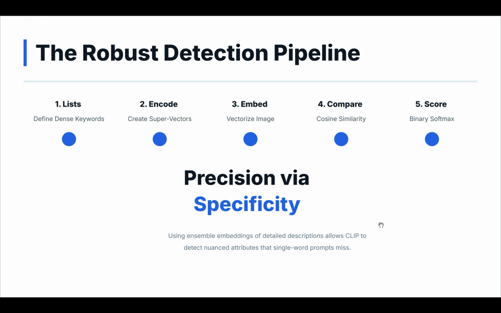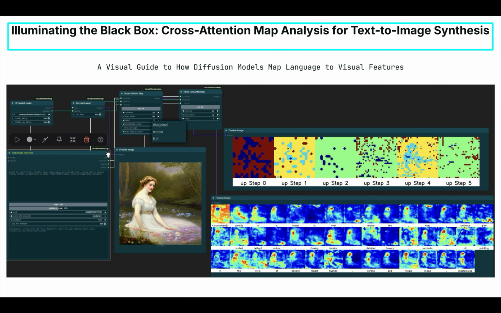So using ensemble embeddings of detailed descriptions allows CLIP to detect nuanced attributes that single word prompts miss. And at this stage, we are revealing the internal black box of text to image generation, the cross attention map.